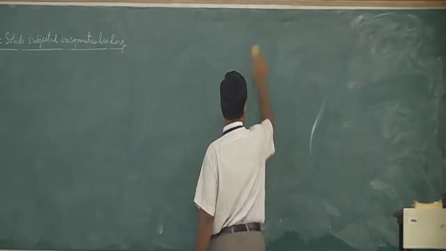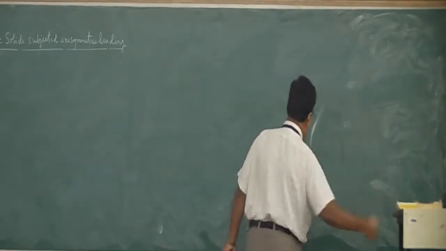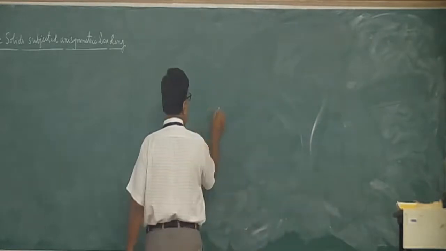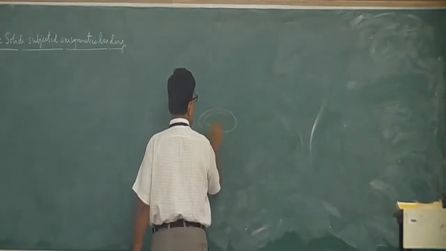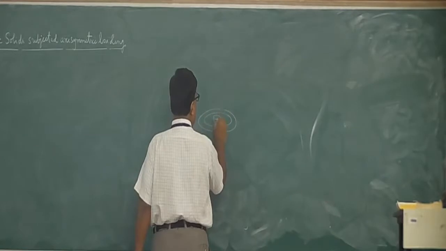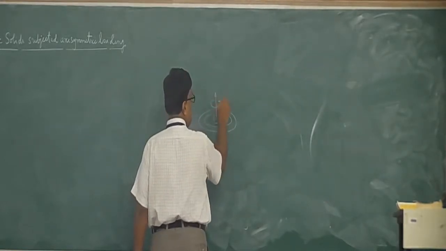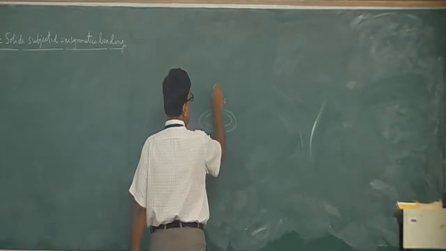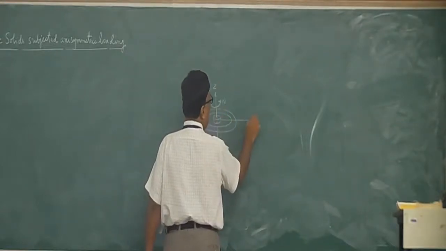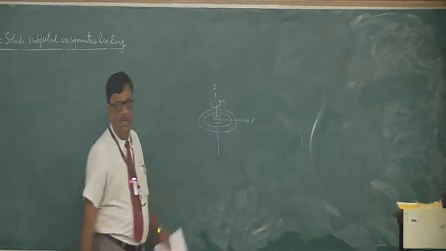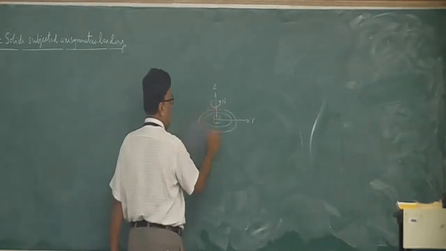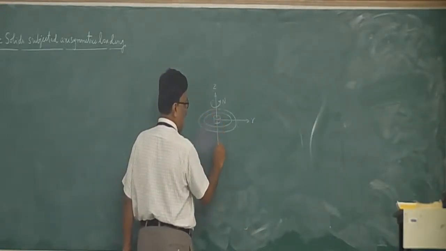For example, if you take a rotating flywheel and are interested in analyzing it, this is N, the speed with which it is rotating. This is the Z axis and this is your R axis. If I consider the self weight, it is going to act in the Z direction.